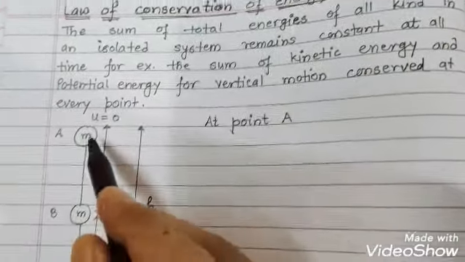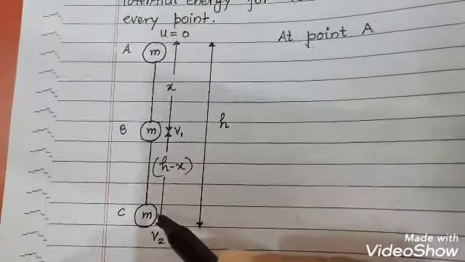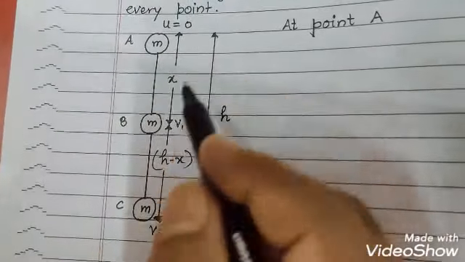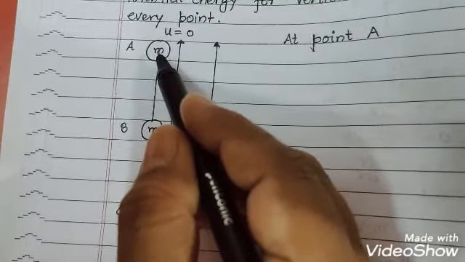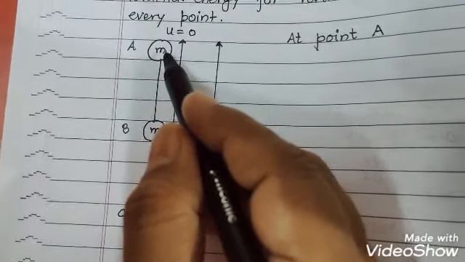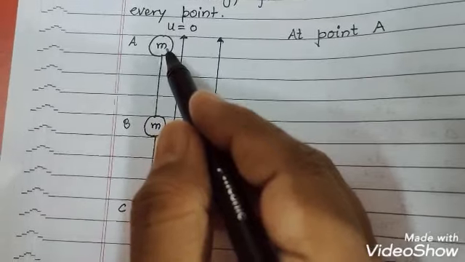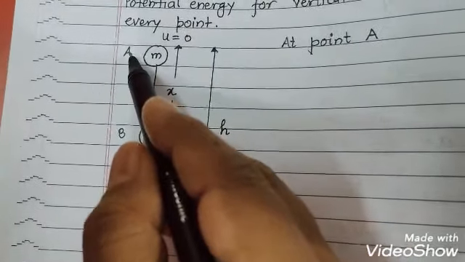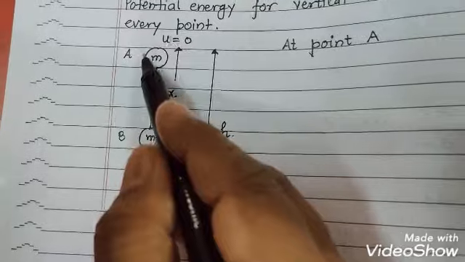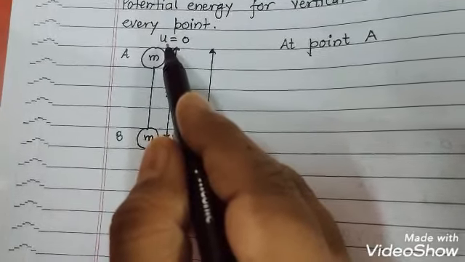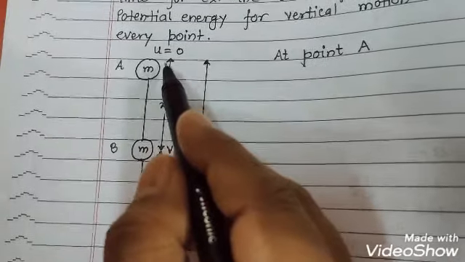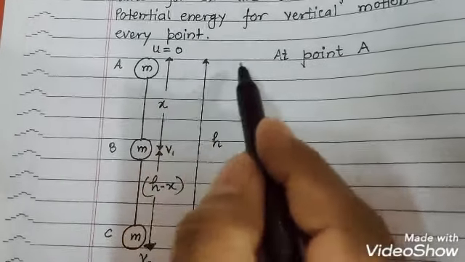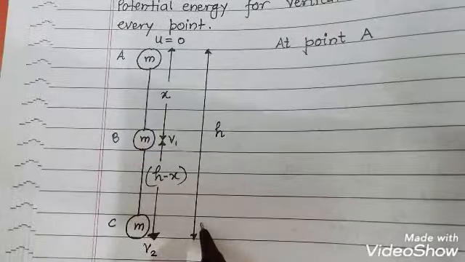You will observe here the example which we have taken, that is, an object is dropped from height h. The mass of the object is m. Initially it is at point A, and the initial velocity of the object is u, which is equal to 0, and this object is dropped from height h.